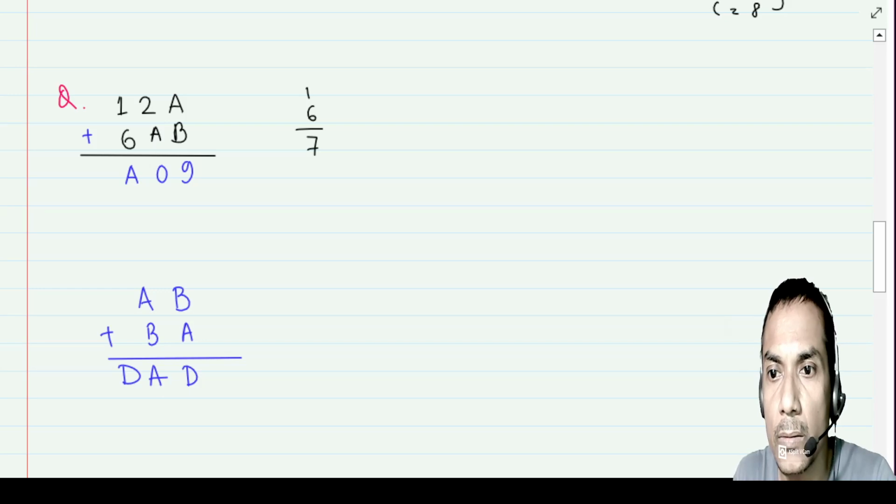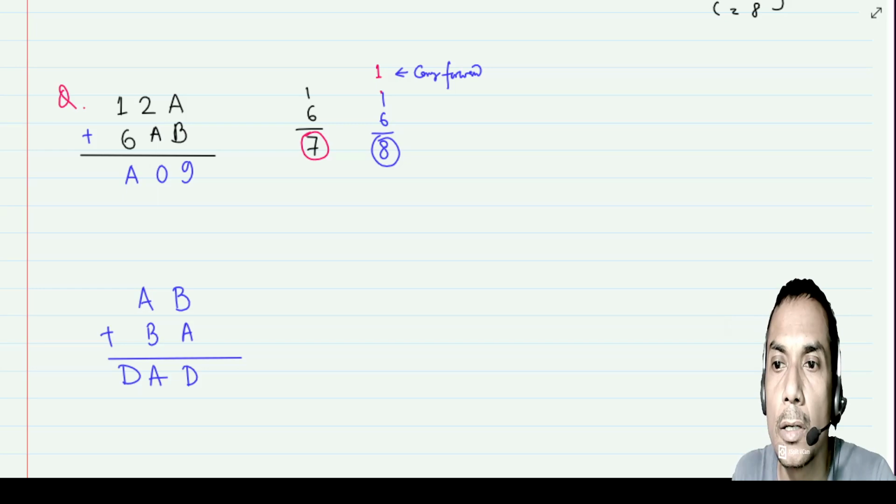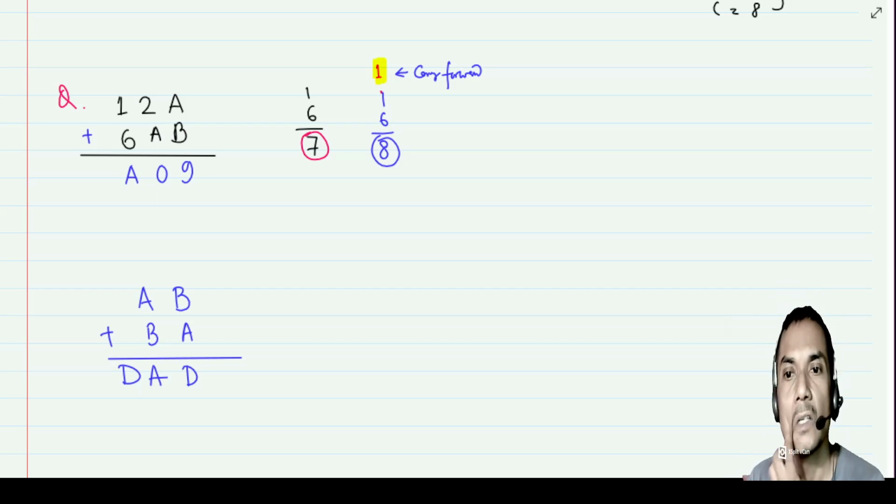Another, if we carry forward 1 from the previous 2 plus A, then we have to add 1 plus 6, that is 8. So if there is a carry forward, then we get the value 8. Is it clear?